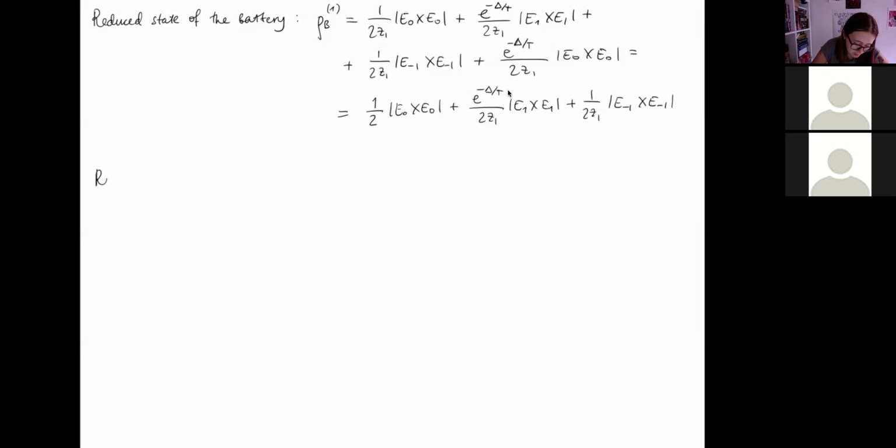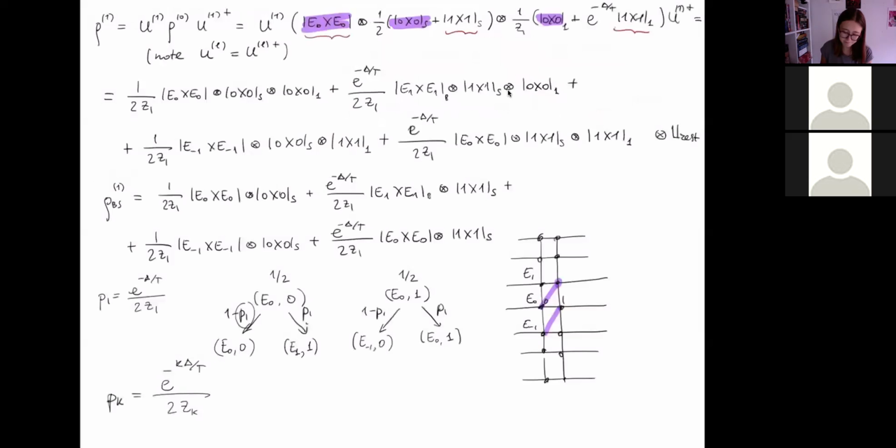Then the reduced state of the qubit, which we can also look at. So this is after the application of the first unitary. So let us see. We have this rho BS here, right?